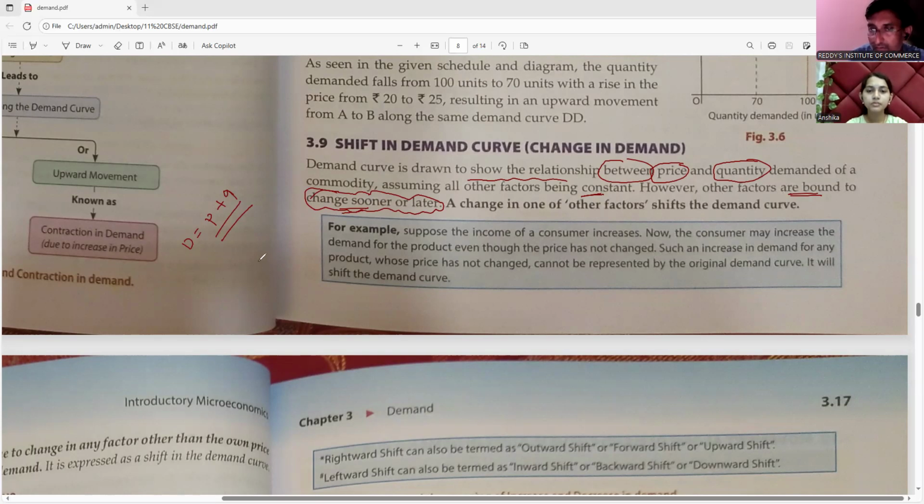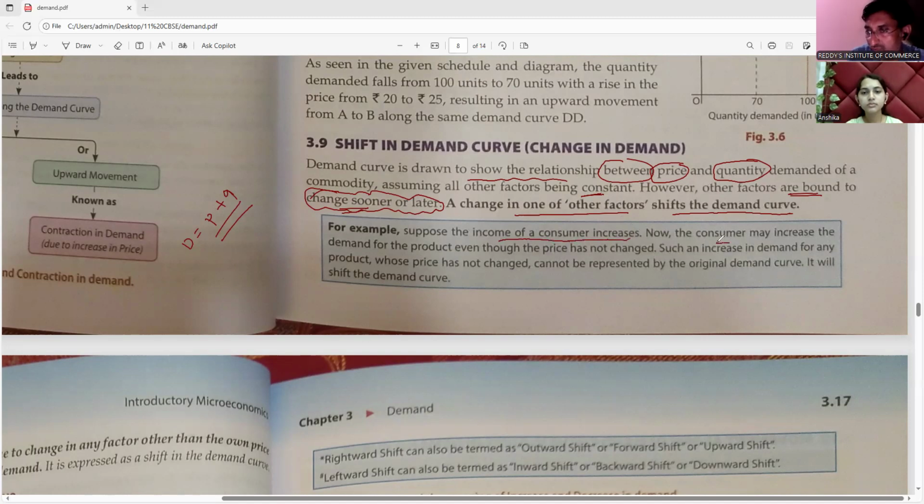But they are feeling that something will be changed very soon or some later. So a change in one of the other factors shifts the demand curve. When another factor is changed, then automatically the demand curve will be changed. Suppose the income of the consumer increases.